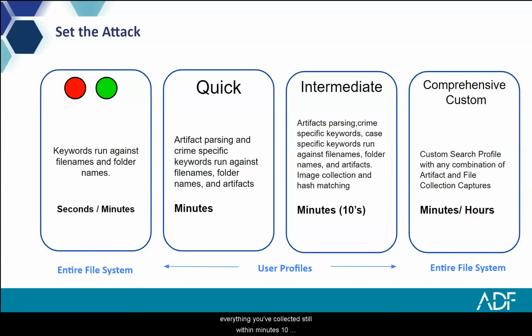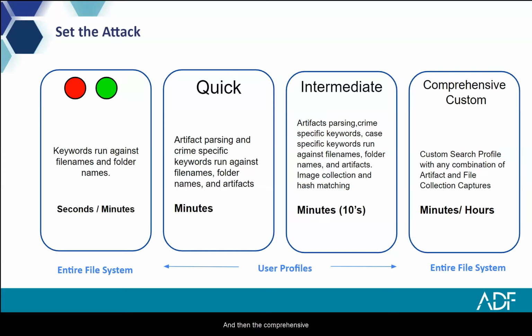Now you take everything you've collected, still within minutes, tens of minutes, less than an hour typically, and you could put all that information into a standalone viewer, hand that off to the investigator, so he now has data to continue the case and investigation, and you have the computer to do your further examination if required.